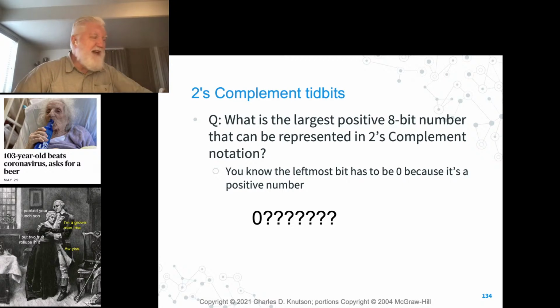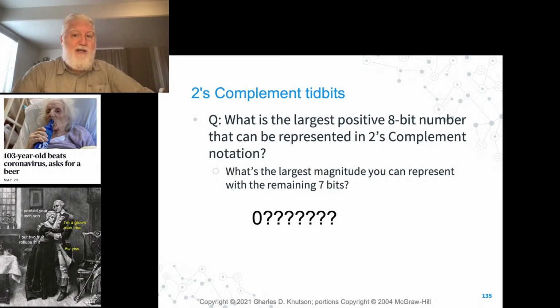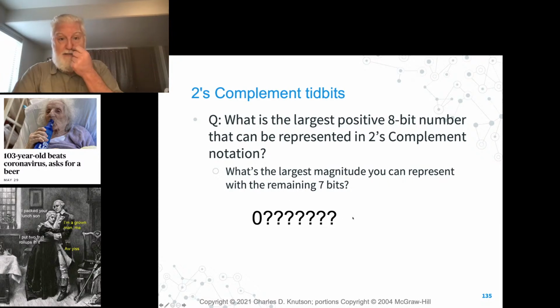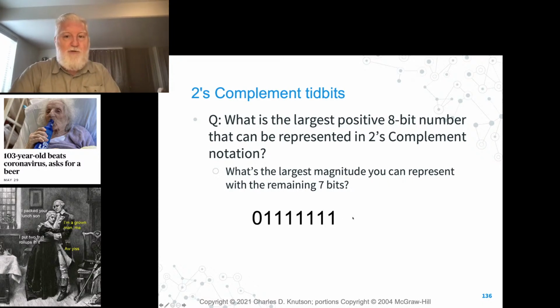What's the biggest number that can now be? It ought to be pretty clear by now. Really what it's about is what's the largest magnitude you can represent with the remaining 7 bits? That ought to be pretty straightforward. They're all ones. That is positive, whatever that is.